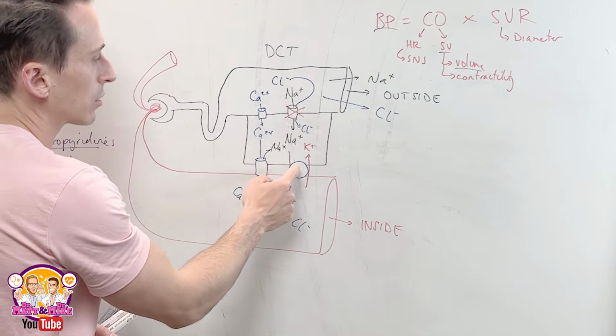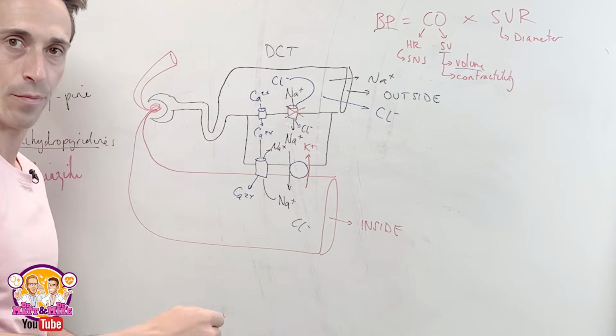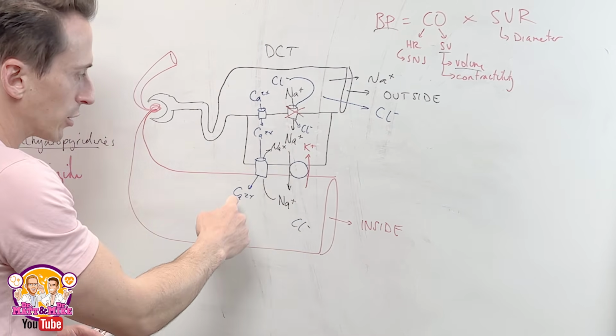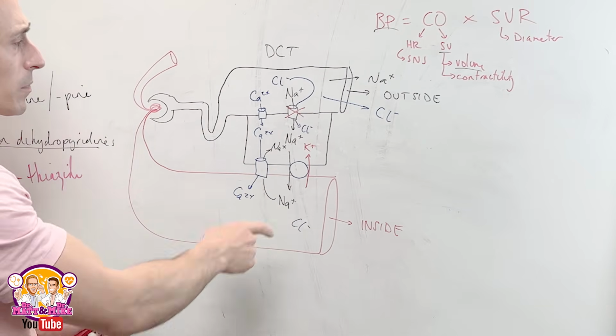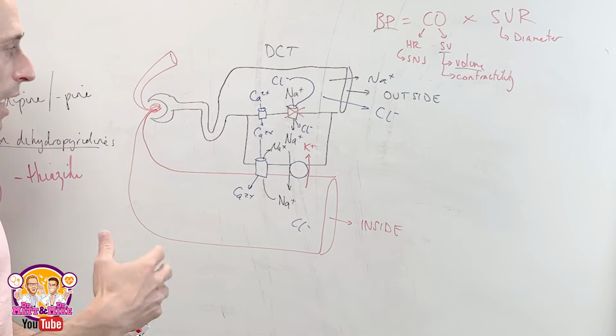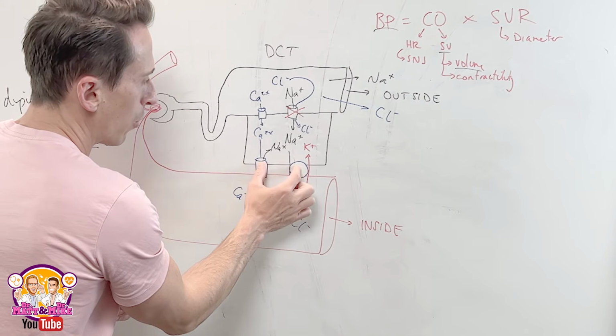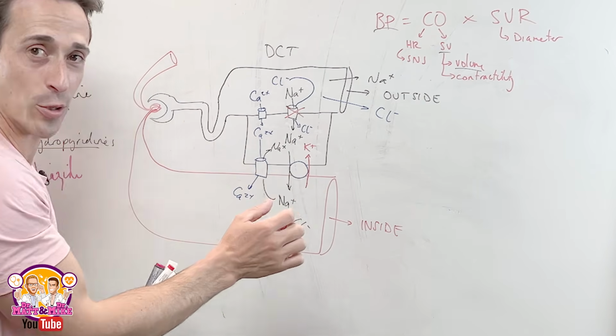Which means that this sodium-potassium pump needs to keep going. And as it keeps going, it keeps exchanging calcium. So this sodium-potassium pump continually works really, really hard because these two are working in collaboration with each other.